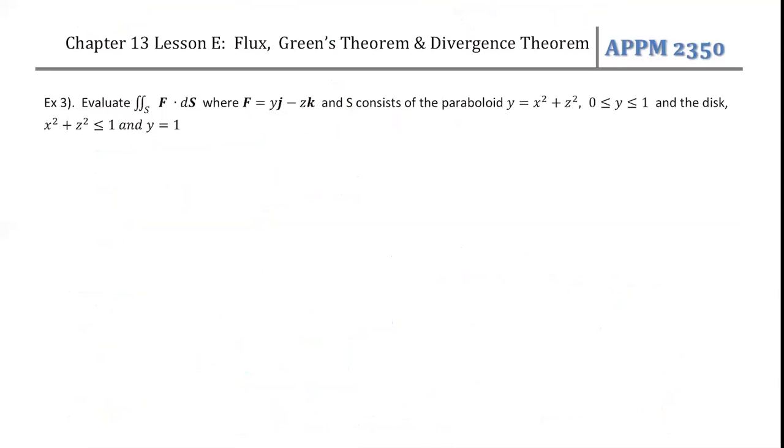So my vector field here has continuous partial derivatives, you can tell, because you can easily take the partial derivative of each of the components and they're continuous. And this is a closed region because it's the bowl with the lid.